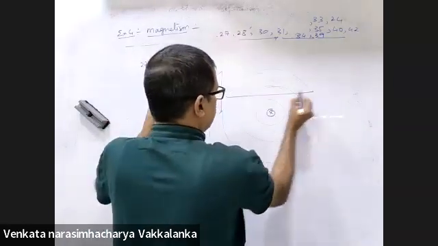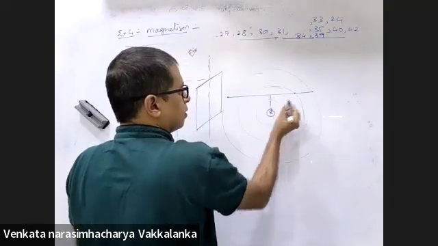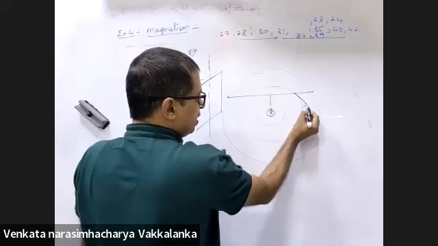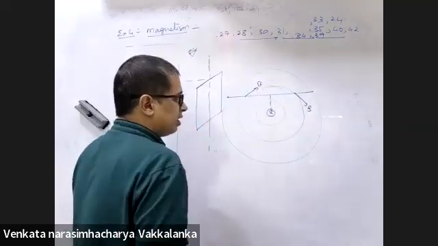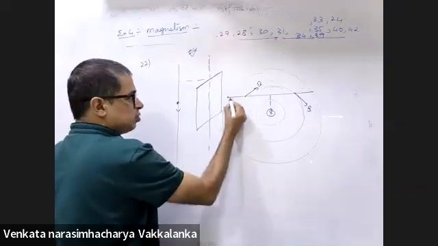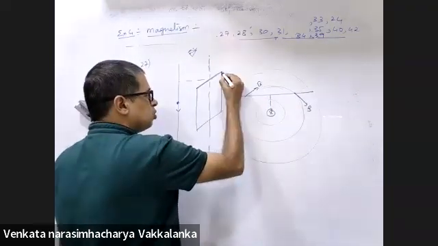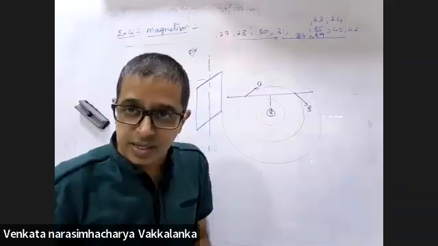Now this is the wire. Here the magnetic field is this way. Here the magnetic field is this way. Do you agree with that? If I tell you how to solve for this, it will not be difficult for you to solve for this. Do you agree?